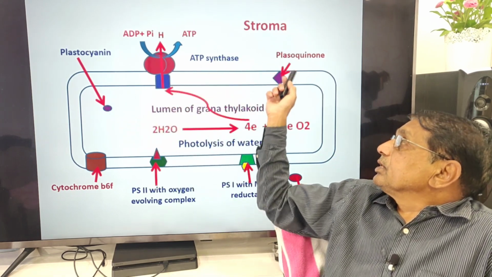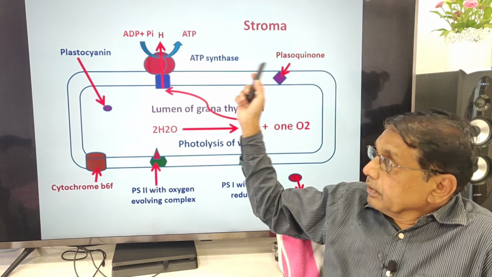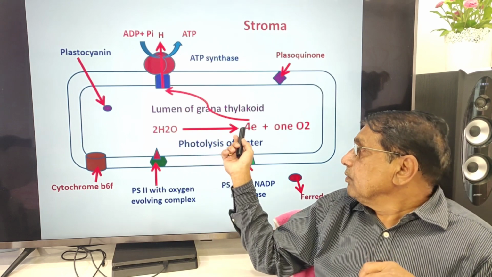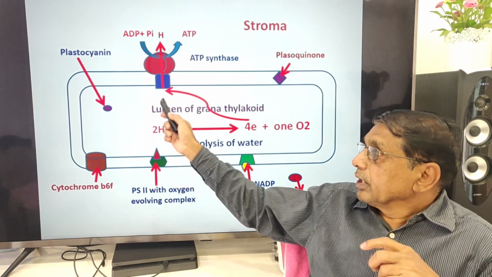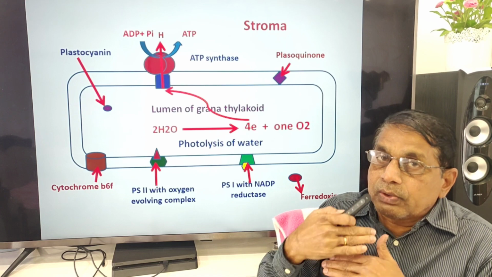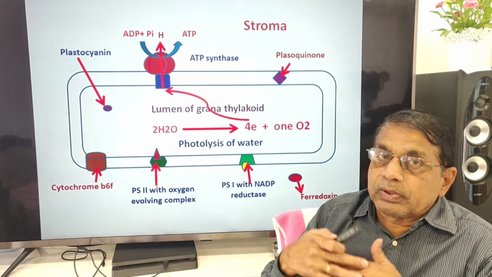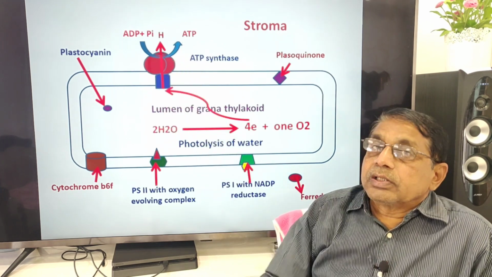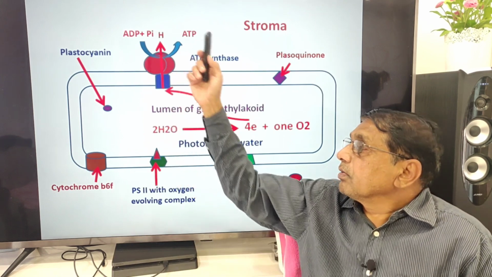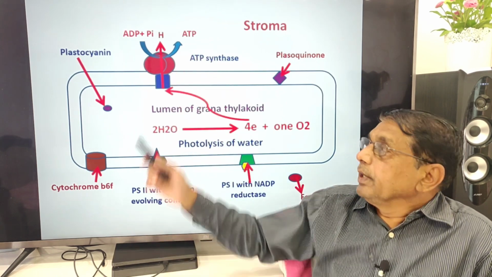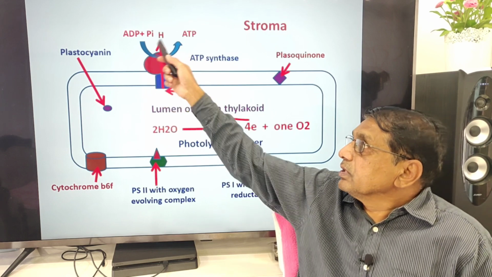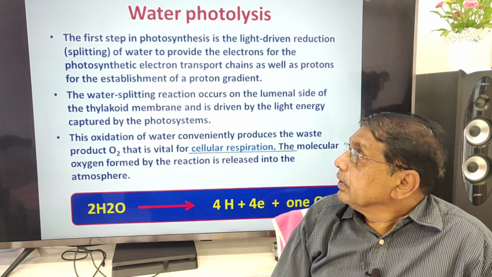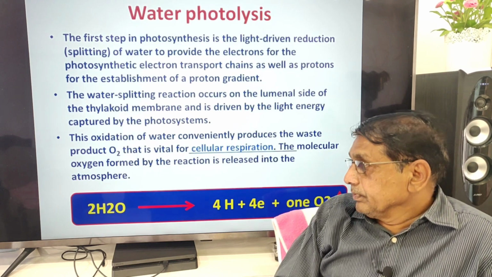Look at it, these are present in the membrane as intrinsic membrane proteins, and this is inside the lumen where whatever protons are released, they accumulate. Because of that accumulation, the proton gradient is established, the proton motive force or electrochemical gradient, and as a consequence the protons are pushed out through the ATP synthase. Because of this, the phosphorylation process, synthesis of ATP.